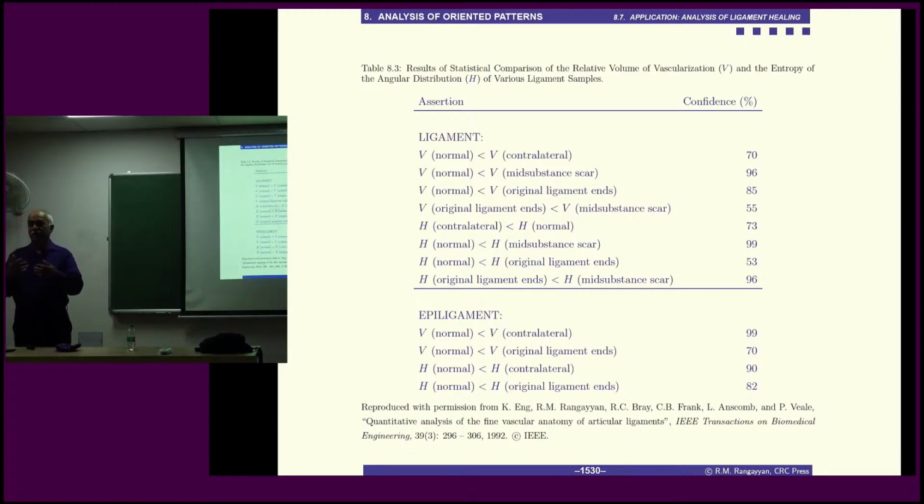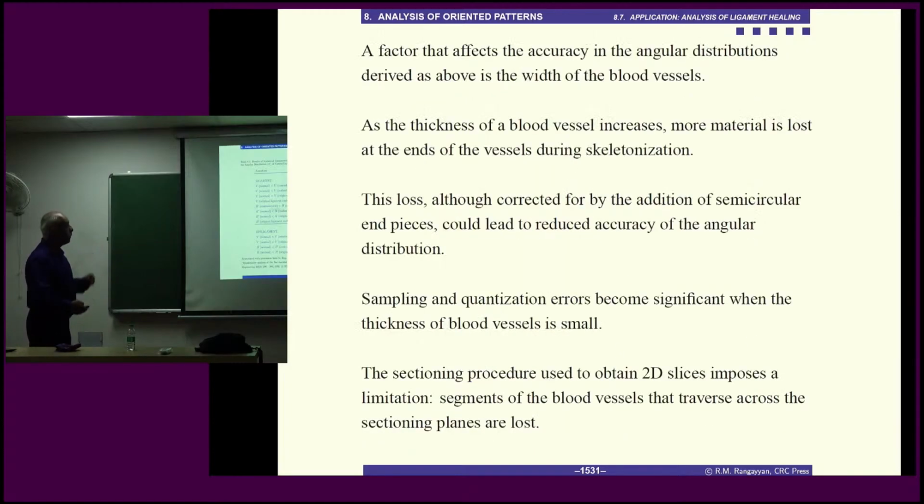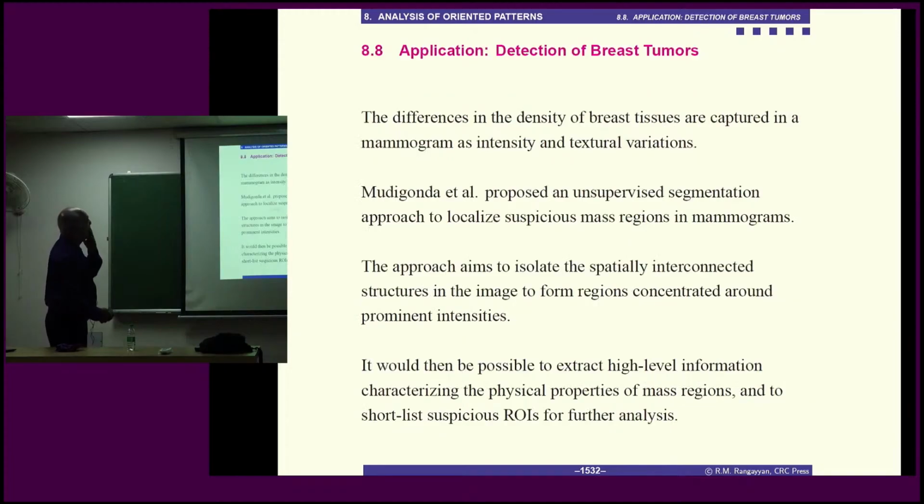So volume of vascularization increases, the entropy of the orientation distribution increases. And then as the ligament heals, it goes back towards normal, but may not reach exactly the normal parameters. Okay?